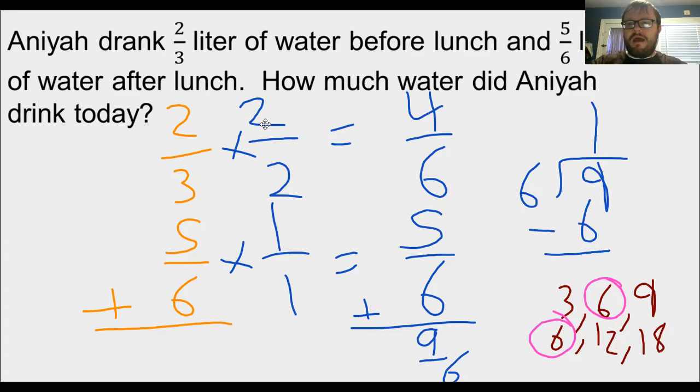Then I subtract 9 minus 6, which is 3. Can't go any further. So then the 6 is still my denominator. The 3, the remainder, is now my numerator. So 1 and 3/6 is my answer.